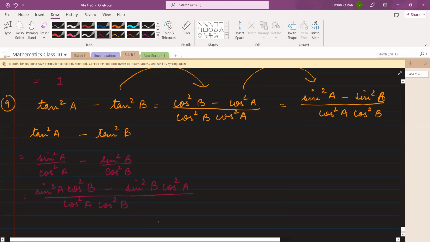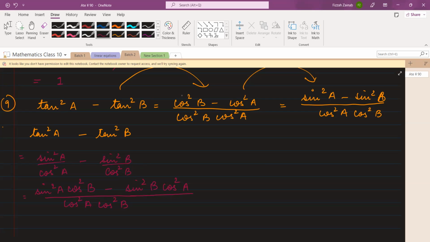Now what will you do? Ma'am, can we do a square minus b square? A square minus B square gives you A plus B into A minus B. Yeah, I think from there also you should be able to get it. But I can do one thing.